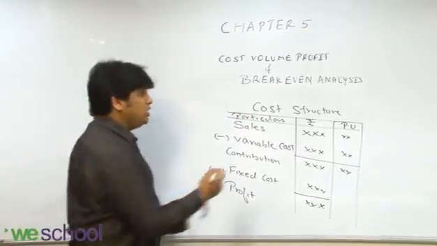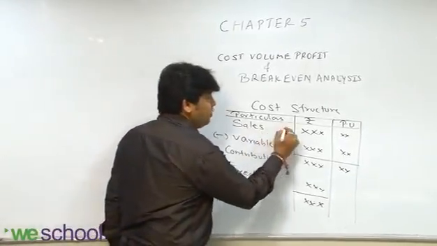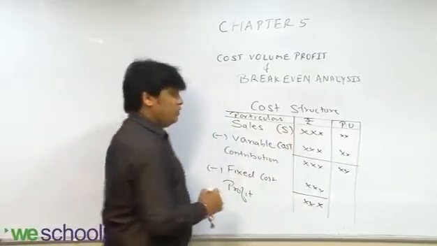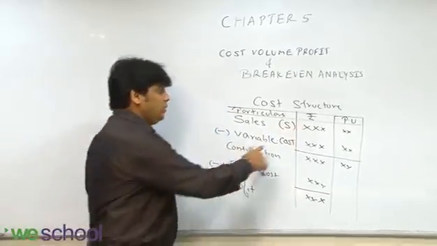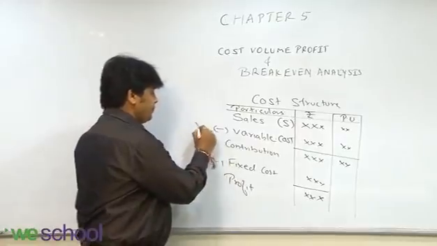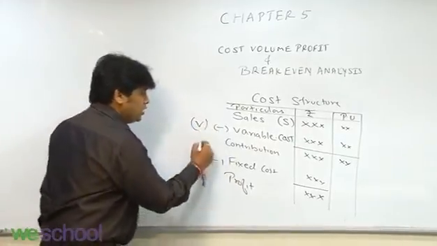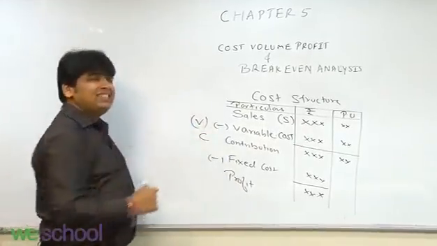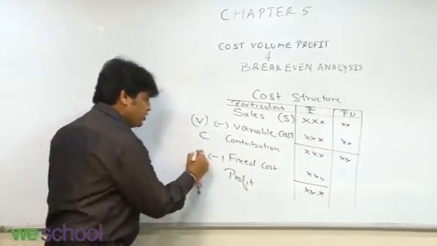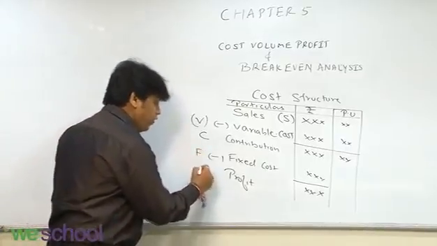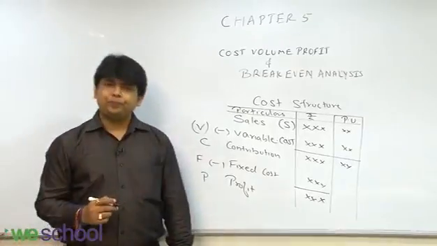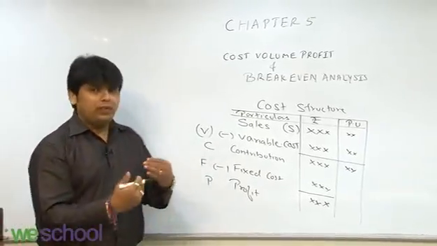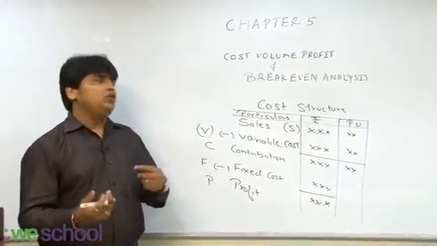So I'll be using certain short forms. For sales, I'll be using S. For variable cost, I'll be using V. For contribution, I'll be using C. And for fixed cost, I'll be using F. And for profit, P. So in the whole chapter, after this explanation, I'll be using short forms.